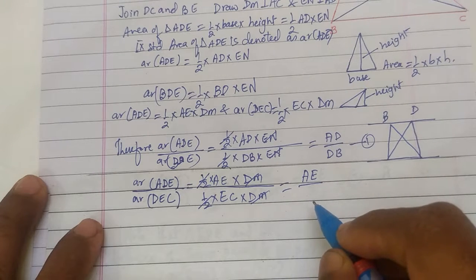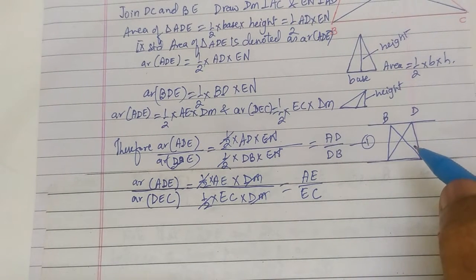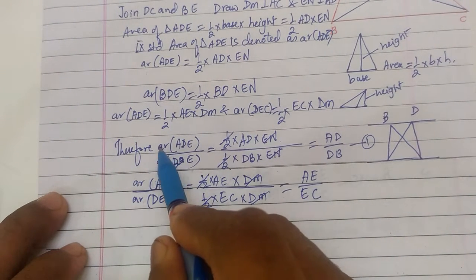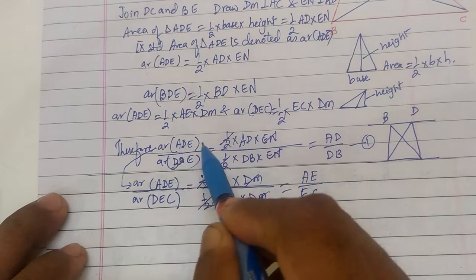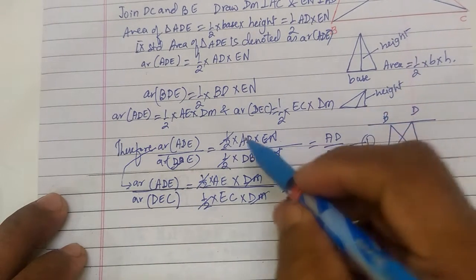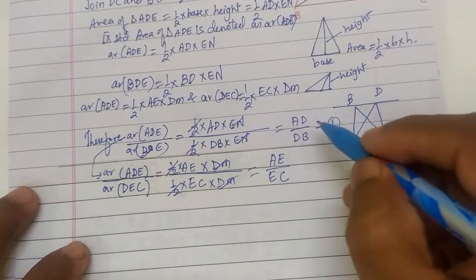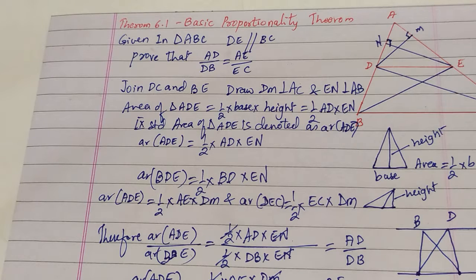AE upon EC. Now if you have a look, the area of ADE and ADE is one and the same.